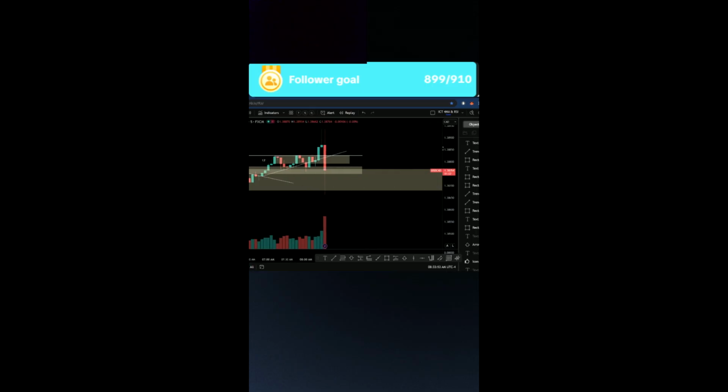So we got about 2 minutes left before the close of this candle. And like I said, I'm bullish here for CAD. I think it's going to close above this mitigation block and outside of the hourly level 2 area. Did I put level 2? I don't think I put the text here. Maybe I did.